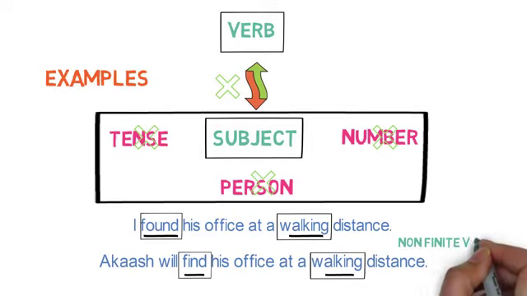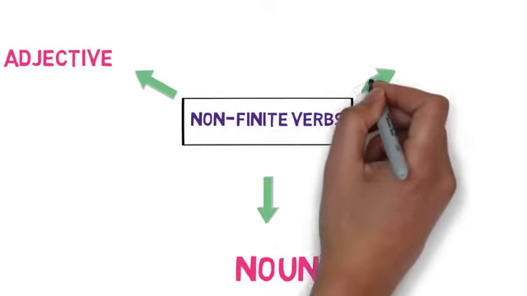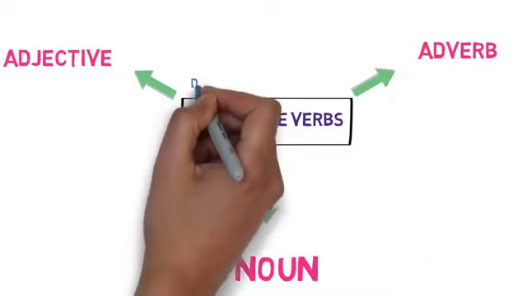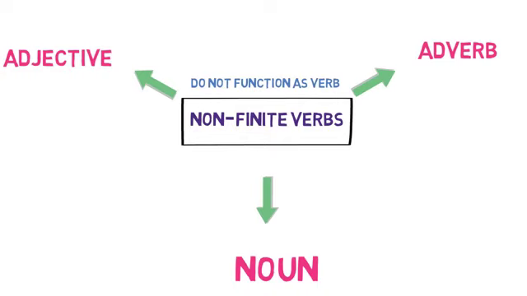So it's a non-finite verb. Now that we are clear what non-finite verbs are, let's understand their usage. Non-finite verbs function as noun, adjective or adverb in the sentence. They do not function as verbs in the sentence, as we just understood.